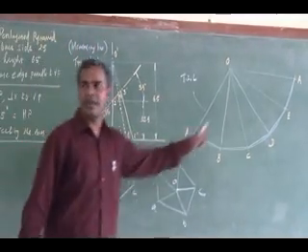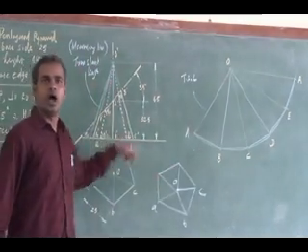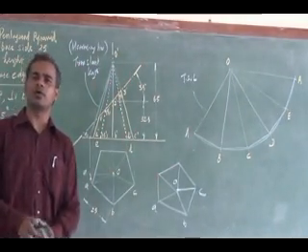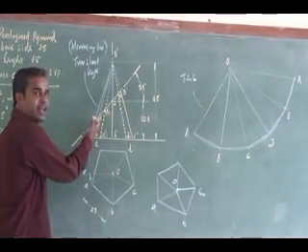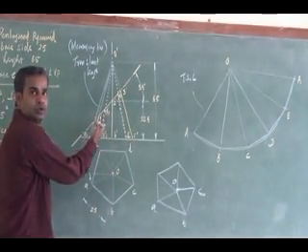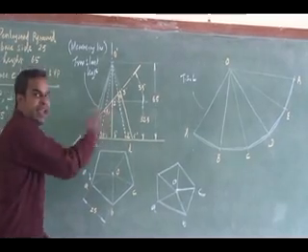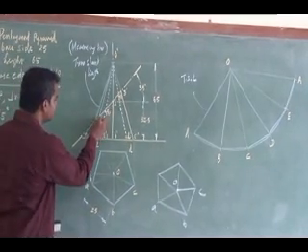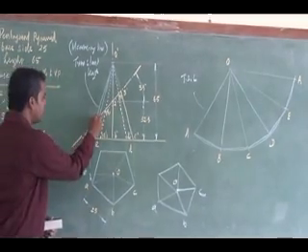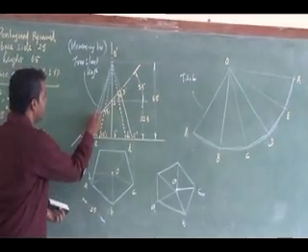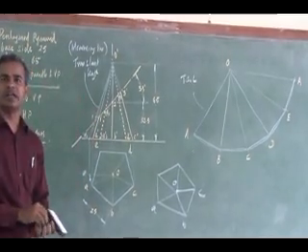Now, I have to mark my cutting points. How can I transfer the cutting points, similar to your cone problem? Just transfer these cutting points to the measuring line, projecting horizontally. So that is the location of my point 1 on the measuring line.